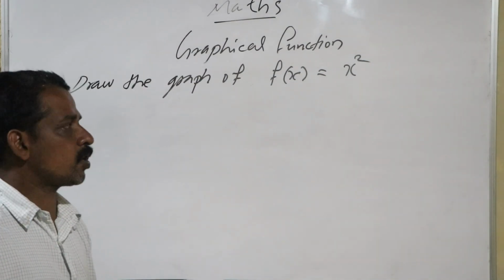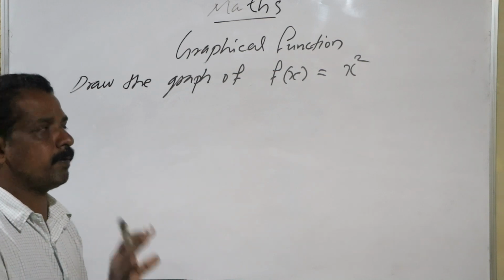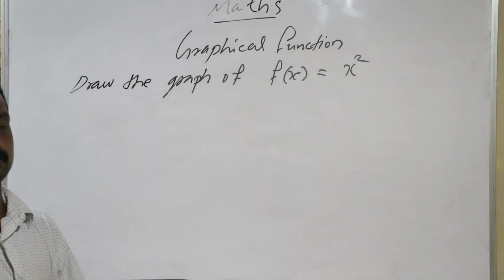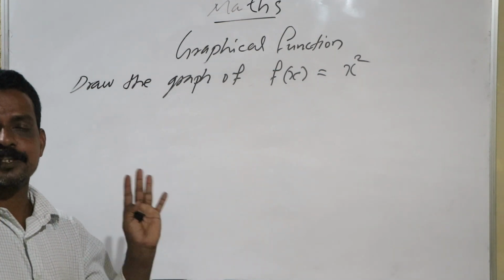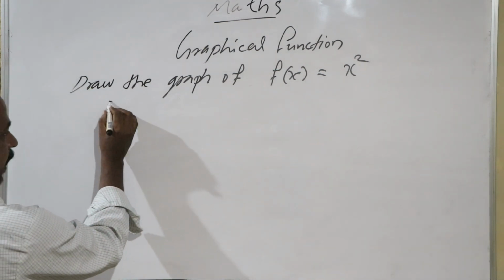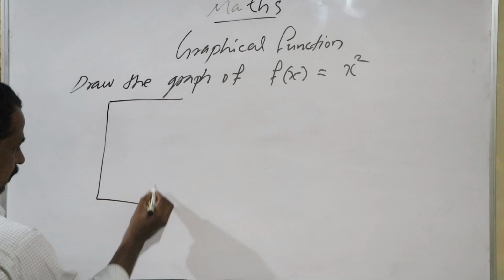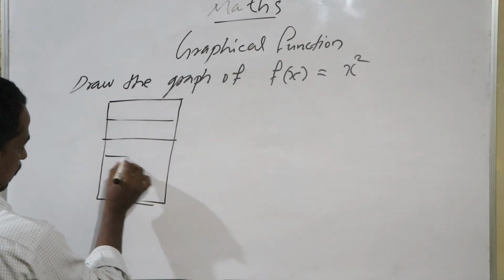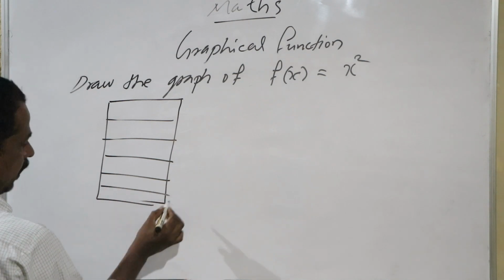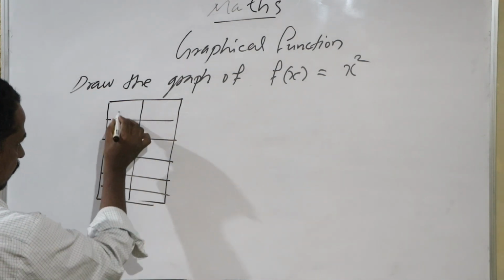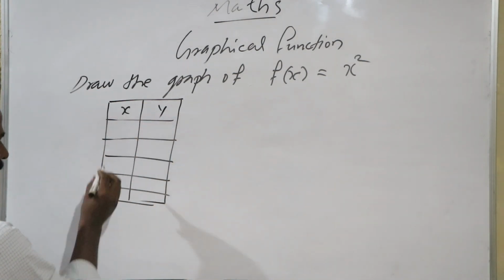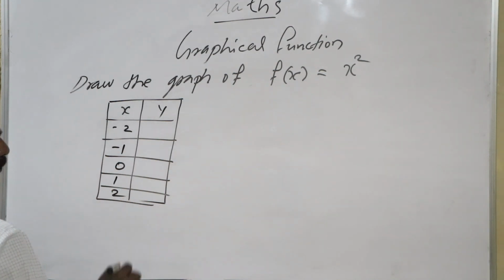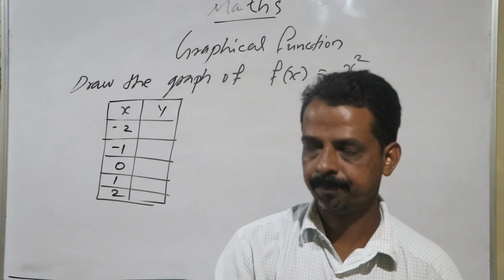In any question, drawing a graph from f of x, we must pick out 5 x elements. They are x: -2, -1, 0, 1, 2.